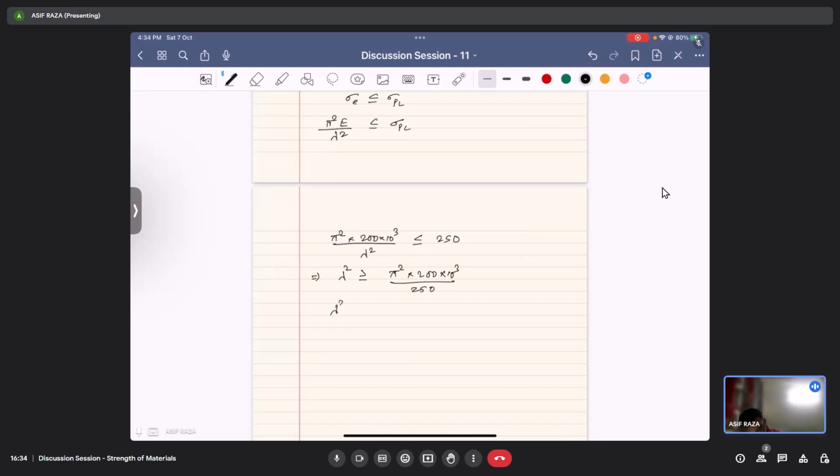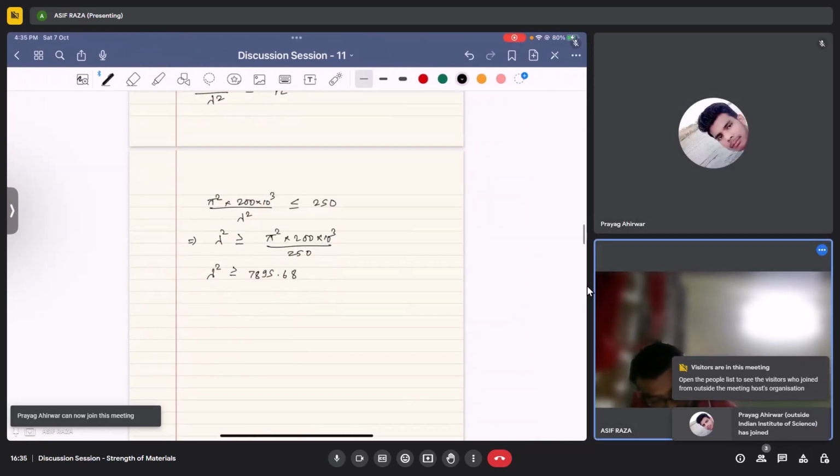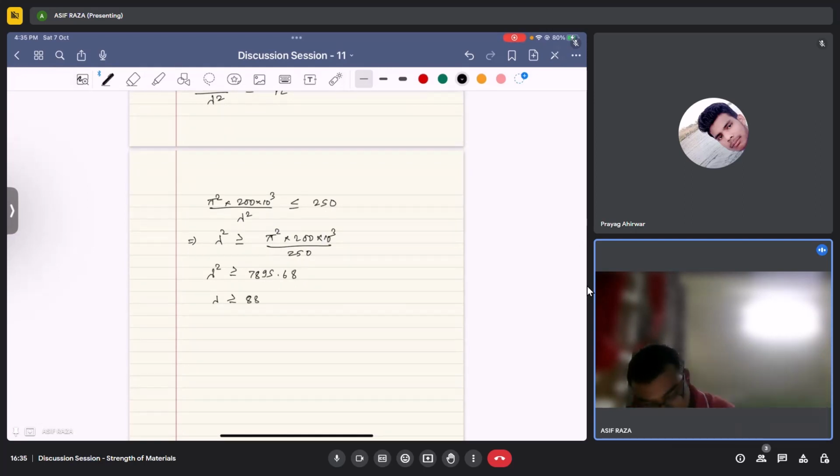So lambda square must be greater than or equal to 7895.68. I just need to take the root of this. So it comes around 88.8.